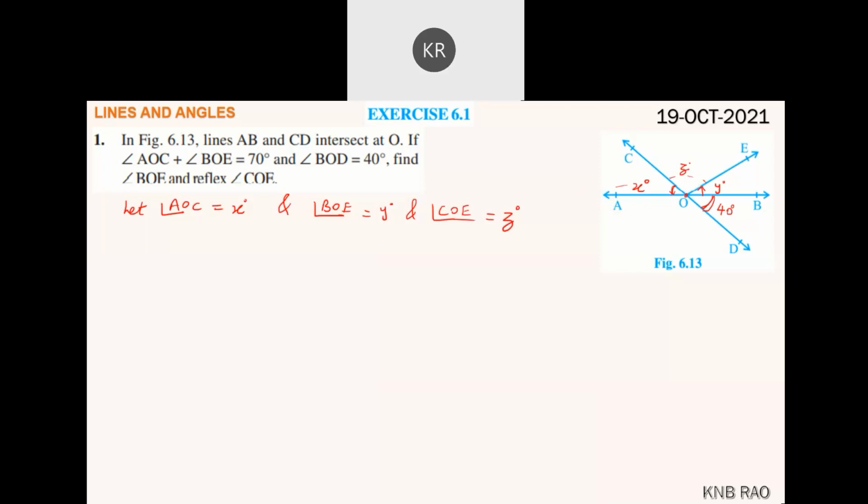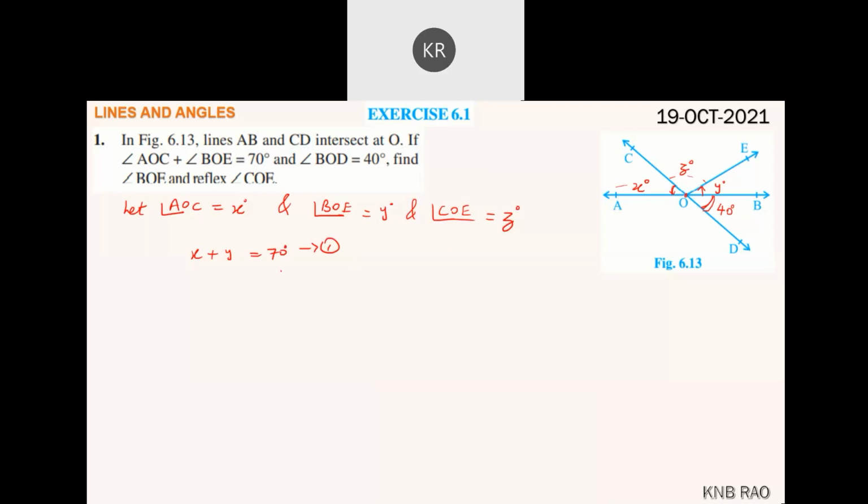Why am I taking it this way? The three-letter notation takes a little time to write, so we do it in a simple way. We are given x plus y equals 70. This is equation 1.